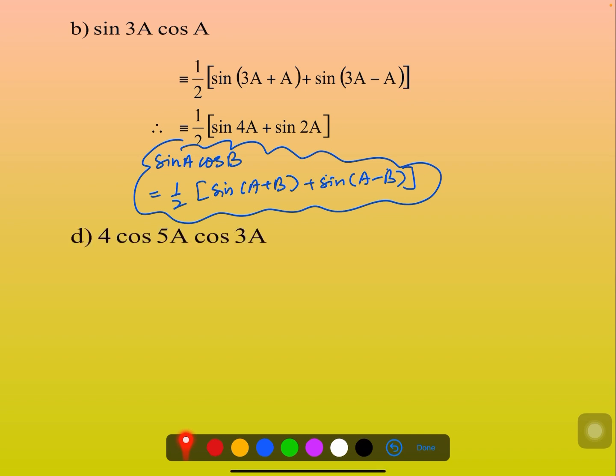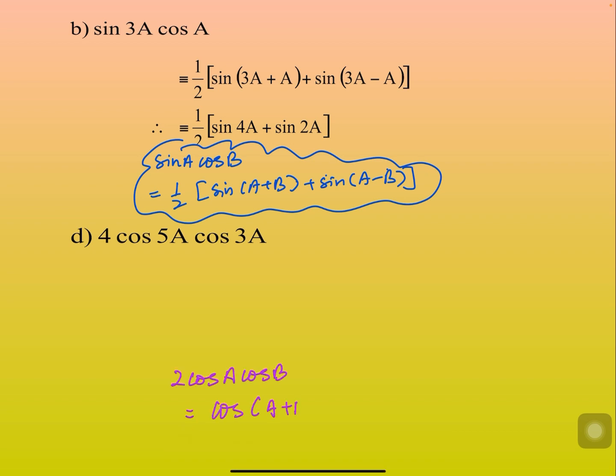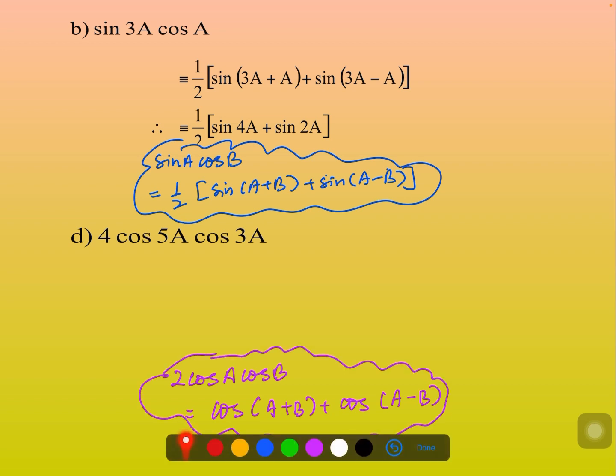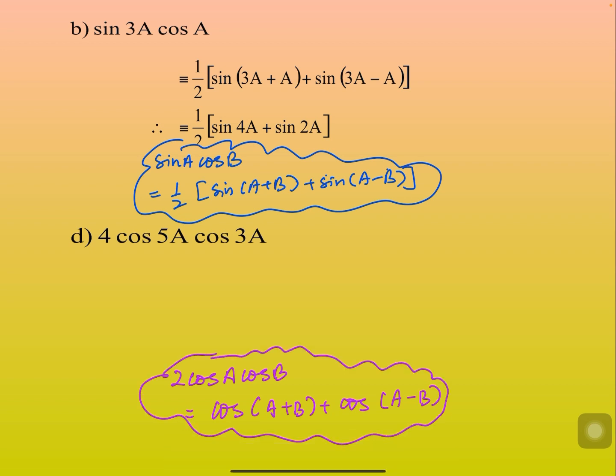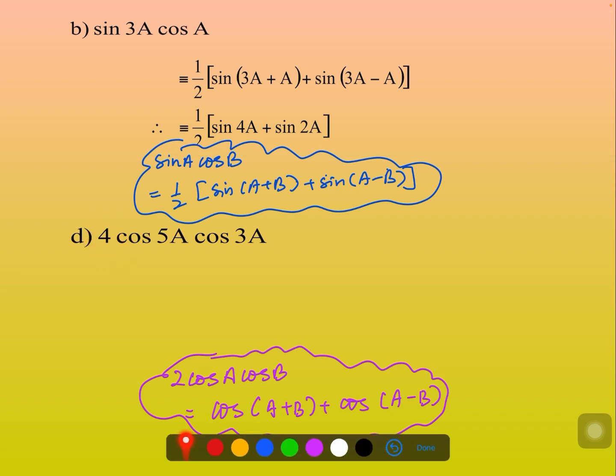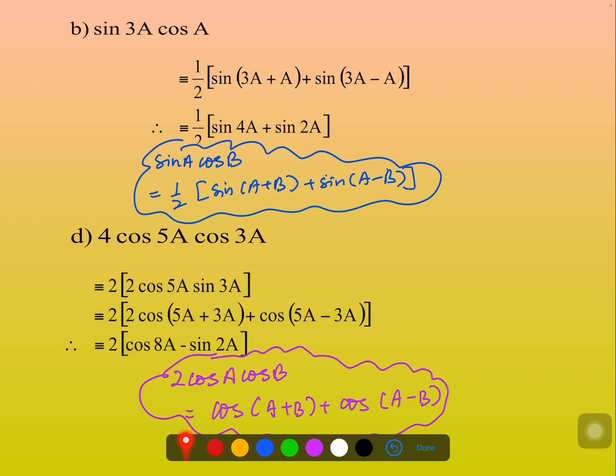And the fourth one, 4 cos 5A cos 3A. You can use this formula: 2 cos A cos B equals cos (A plus B) plus cos (A minus B). So this is 4, this is 2. There will be a little bit of reshuffling here.